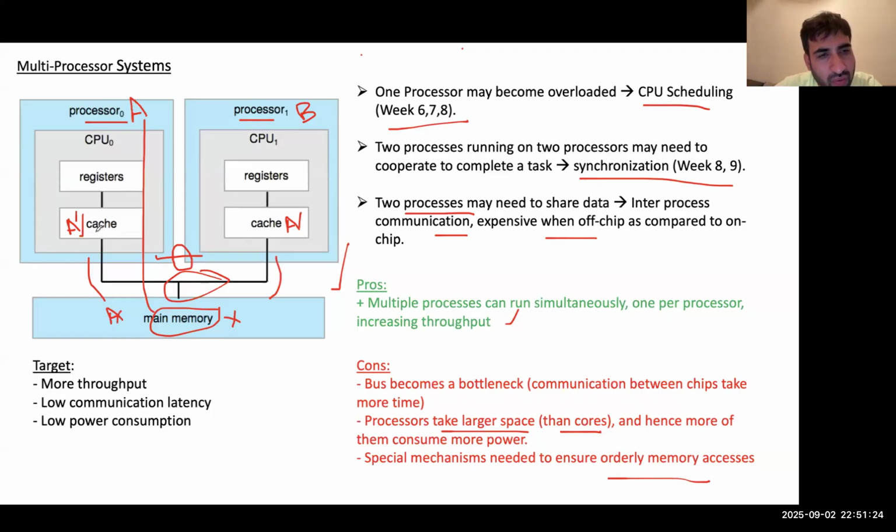So if process A directly provides A complement or A bar to process B and it becomes A bar, now it is not synchronized with memory, right? So there are other challenges, but it doesn't solve our problem of more throughput, lower communication latency and low power computing. It actually makes our problem worse.